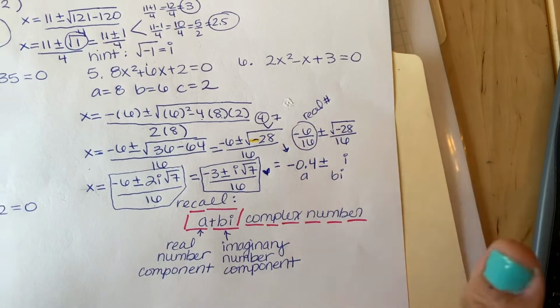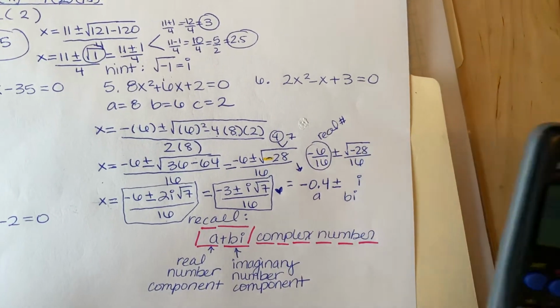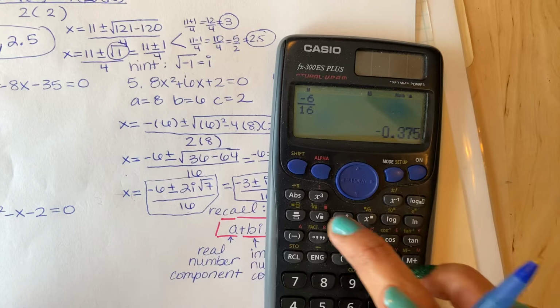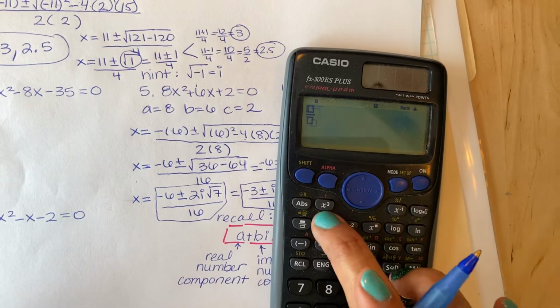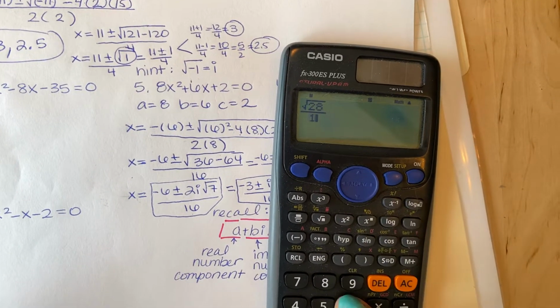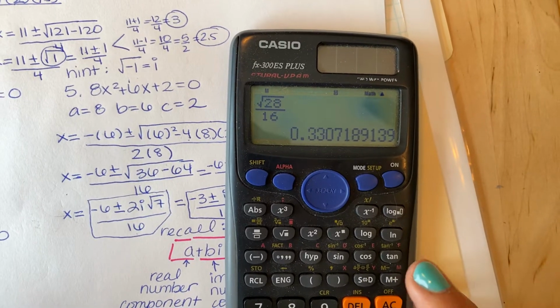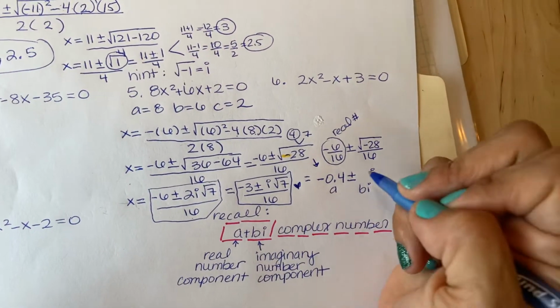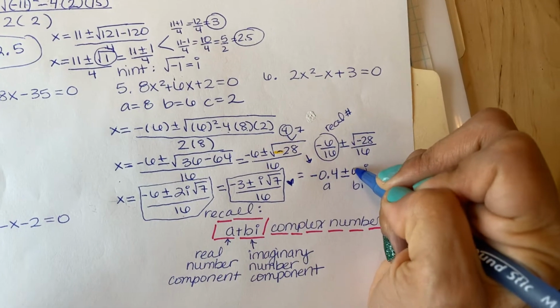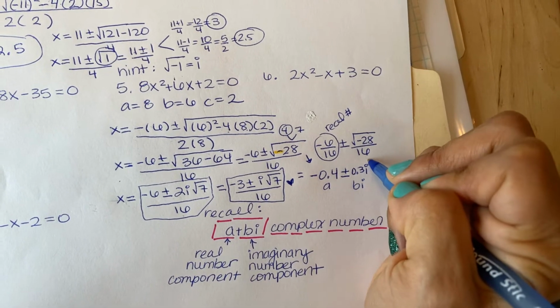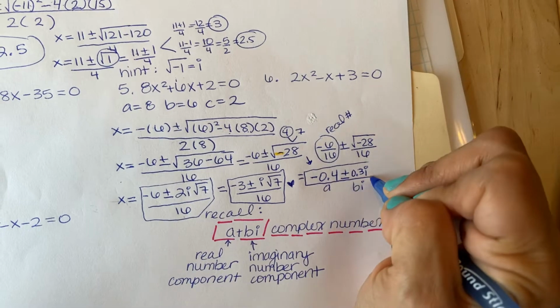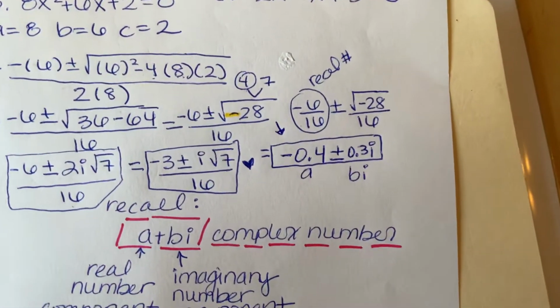So let's now take the square root of 28 over 16. So 28 down 16, and I get 0.3. And so that is your answer as a complex number.